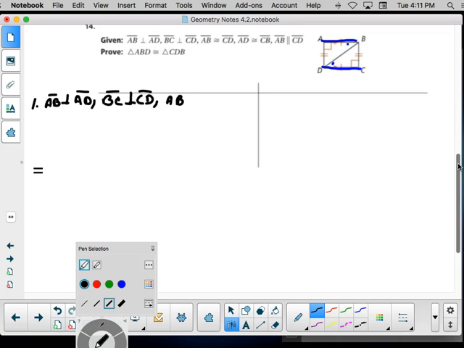So AB is congruent to CD, and I'm just going to go in one line. AD is congruent to segment CB, and then my last thing is AB is parallel to CD. This is all given. My statement's running over my reasons area.